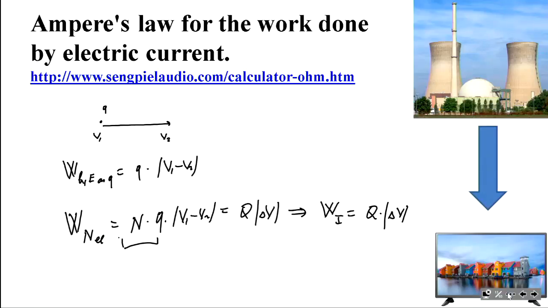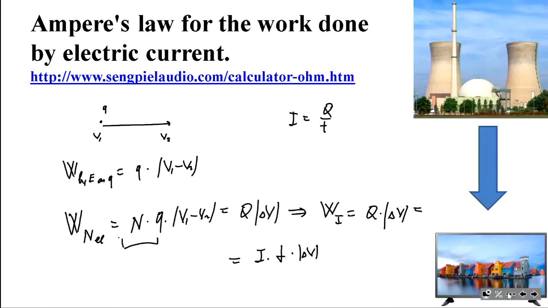So now, what can we do? Well, according to the definition of electric current, that thing we can measure, charge and time related, so we can replace charge with current times time.